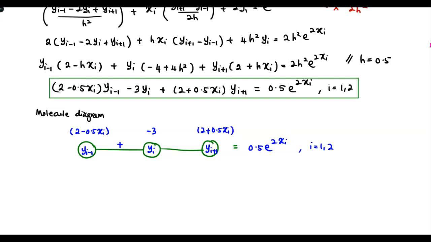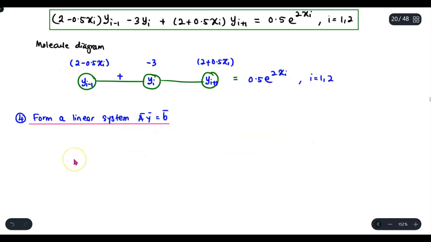Fourth step is to form a linear system, based on the equation that you can see here, based on your molecule diagram here. We will start with i equals 1. When i equals 1, based on this molecule diagram, this yi minus 1 will be y0, this is y1 and this is y2.